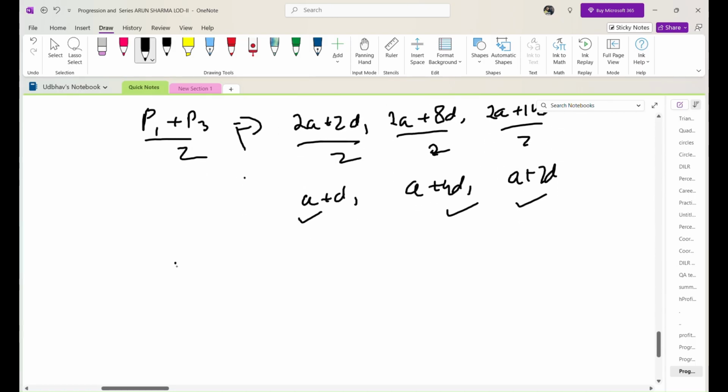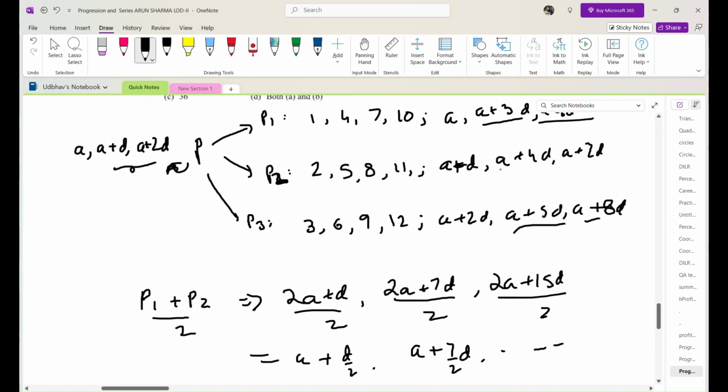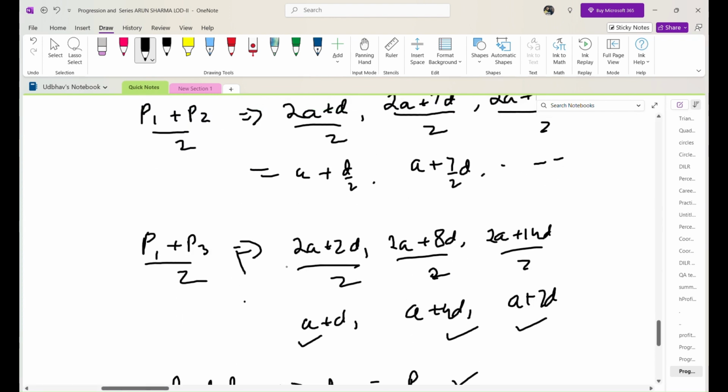So yes, the average of P1 and P3 is P2. Each term of P1 and P3 averaged gives each term of P2, and as P2 is a part of P, this is true.